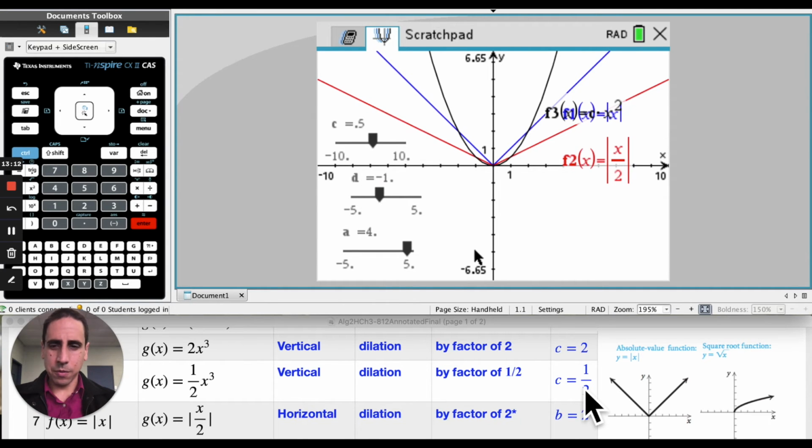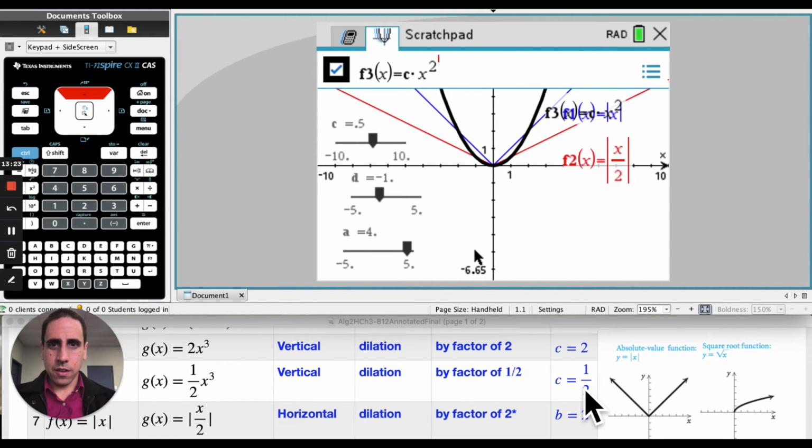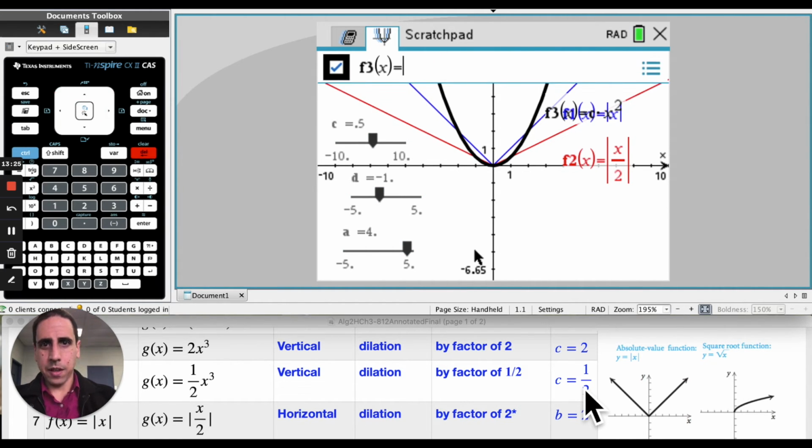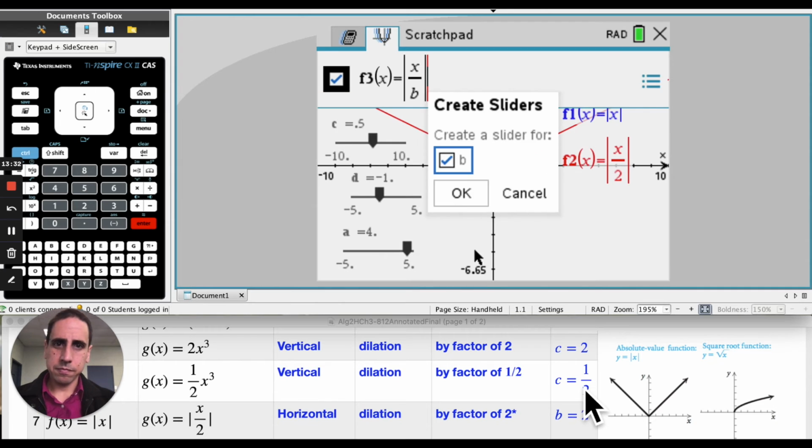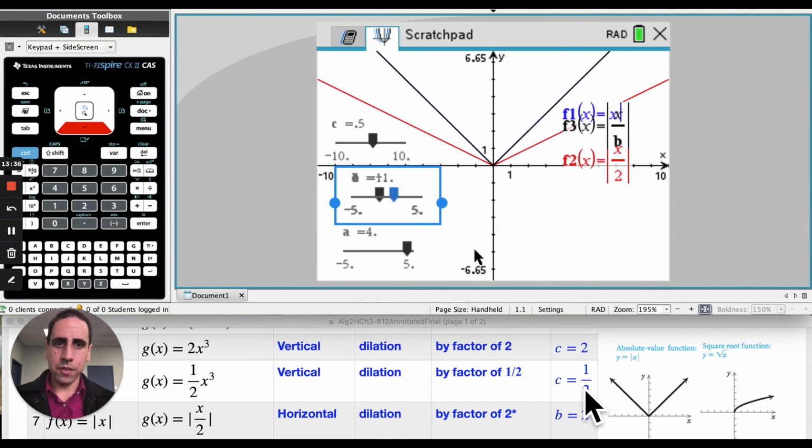It seems like the difference between absolute value of x and absolute value of x divided by 2 is the steepness of the red and blue lines. I'm going to put a slider in here, and my slider function will be absolute value of x divided by new slider, b. Yes, I do want to create a slider for b. Okay, I got to move this thing out of the way.